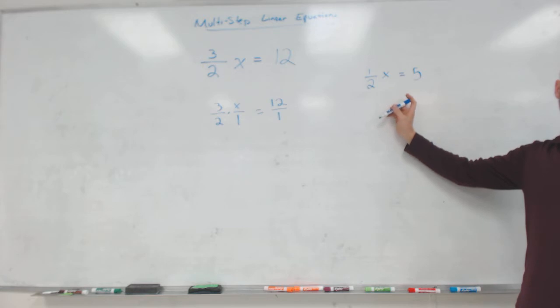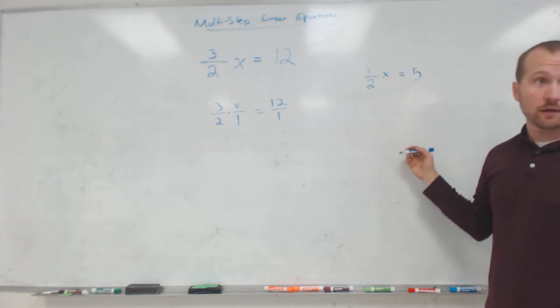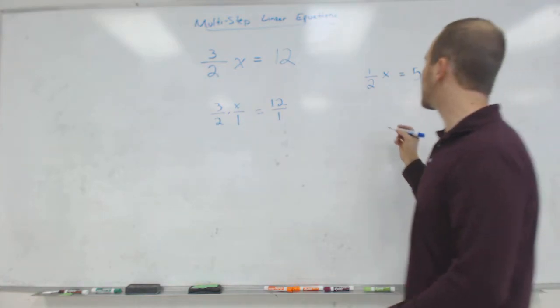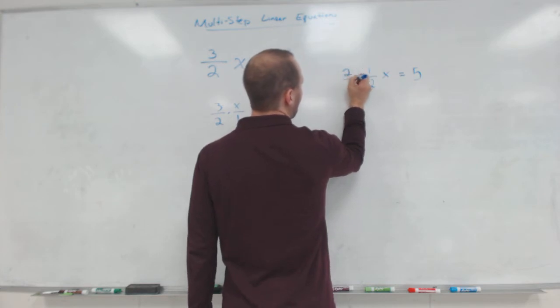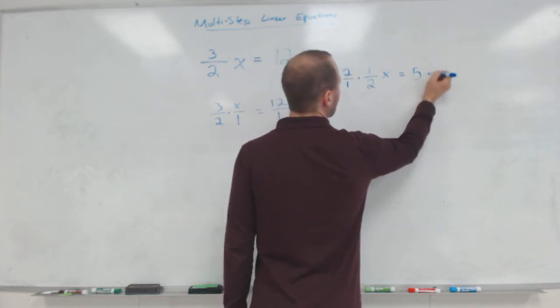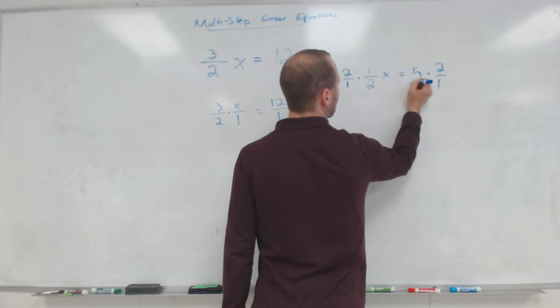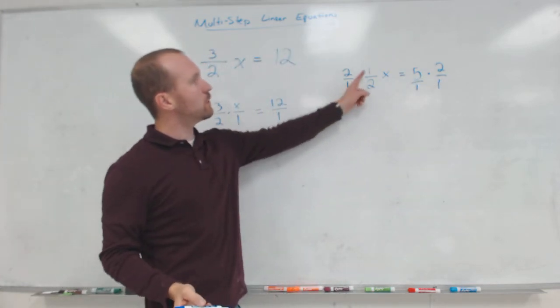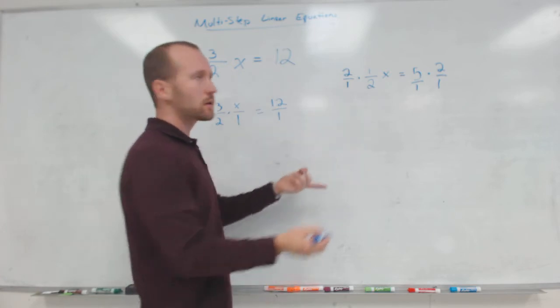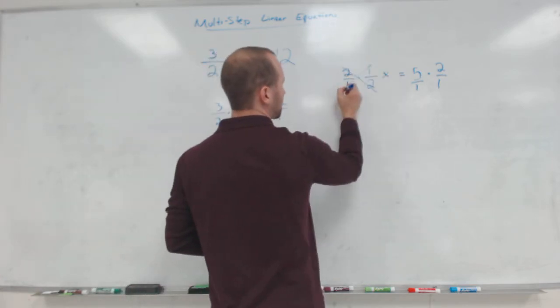You basically would just multiply it by 2. Yeah. I actually really like the way that you said that. We'd multiply it times 2 over 1. Yeah, and then we have 2 over 2, which kind of cancels out.